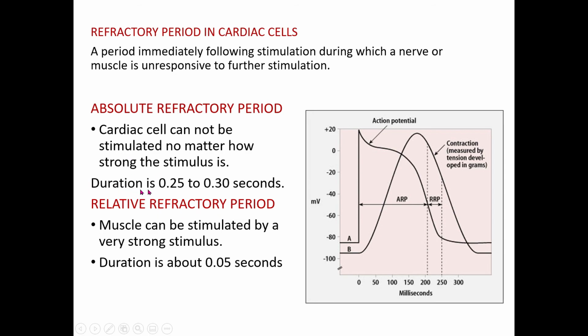Absolute refractory period duration is 0.3 seconds, and the cardiac cell cannot be stimulated no matter how strong the stimulus is. The other type is relative refractory period, and its duration is 0.05 seconds. Muscle can be stimulated by a very strong stimulus. So these are the two types of refractory period.